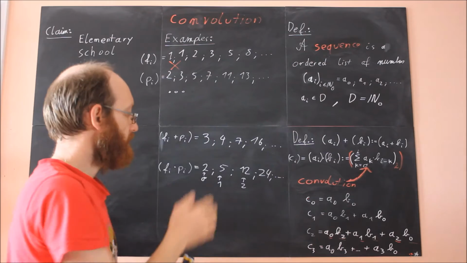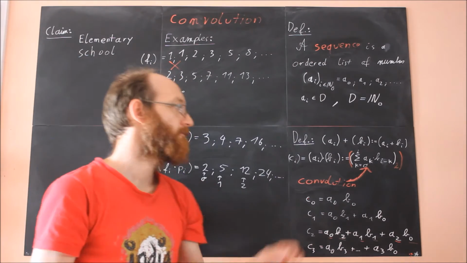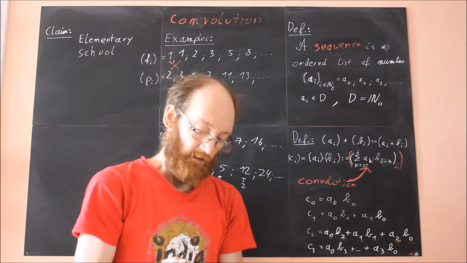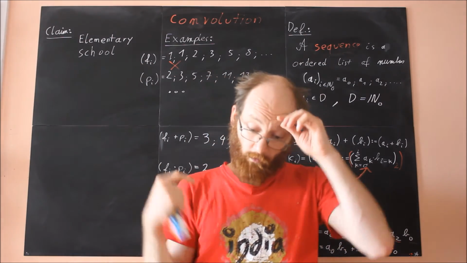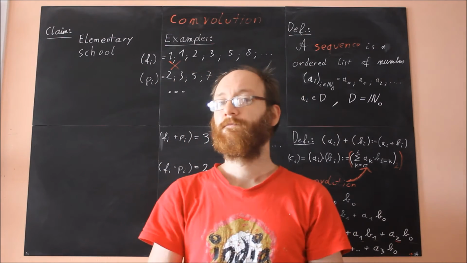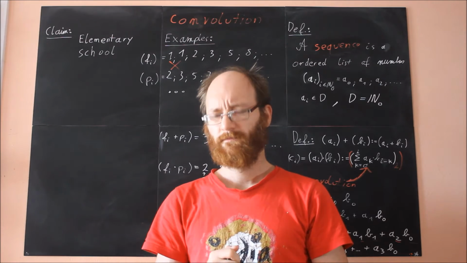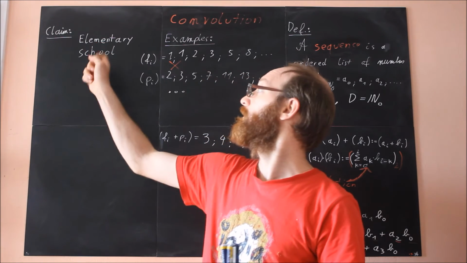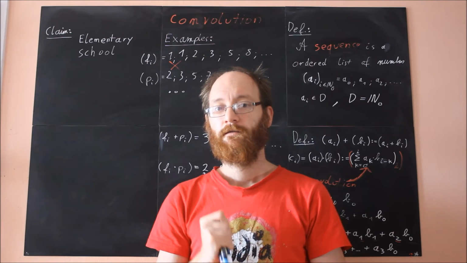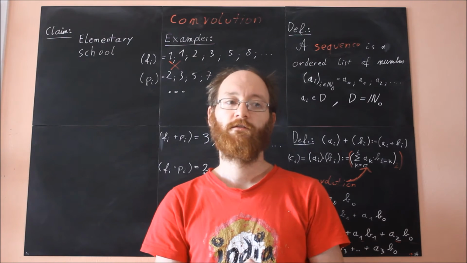Alright, so this is a small example of these two operations. And now what I want to do in this video is show where you have seen the convolution in elementary school. This is my claim. You have seen the convolution in elementary school.